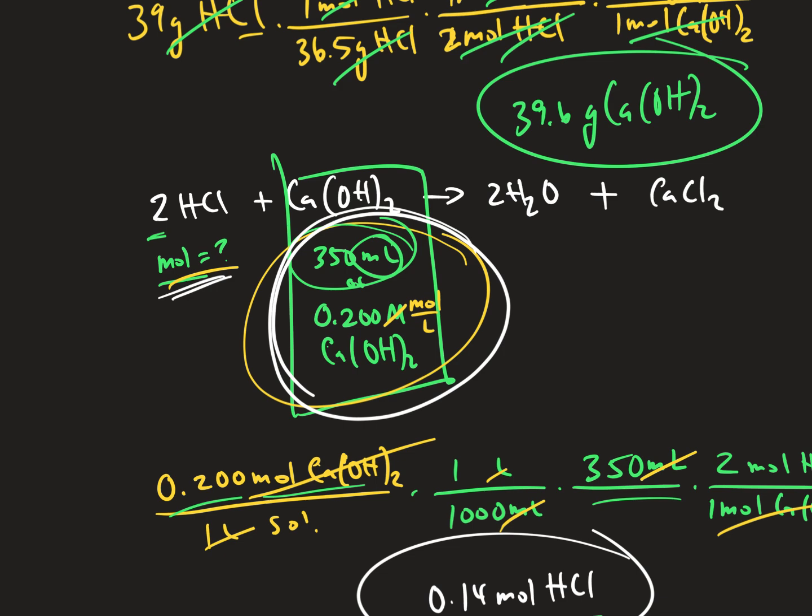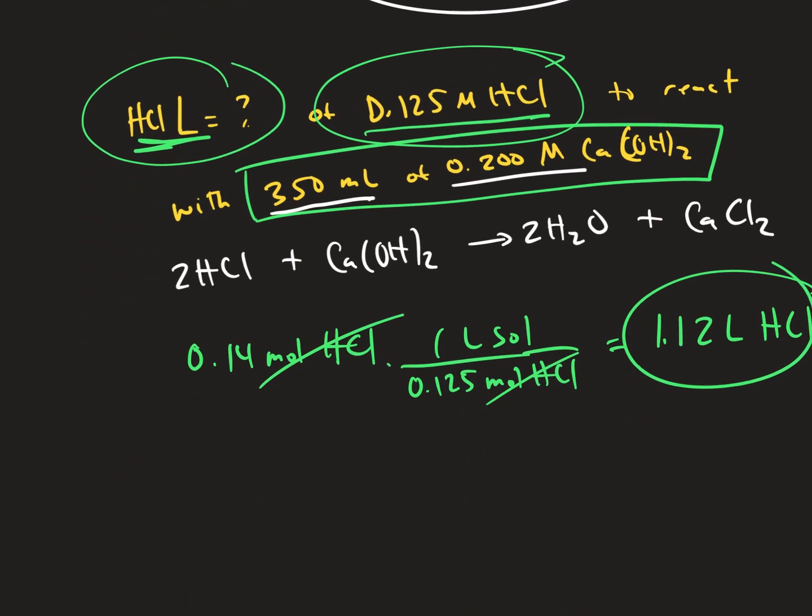That's not really useful. But maybe it says what volume of this concentration do we need? Because we start with a concentration of our acid to dilute it, or to not dilute it, but to react. And we want to know, well, how much do we need? Are we good? So that was just an extra step.